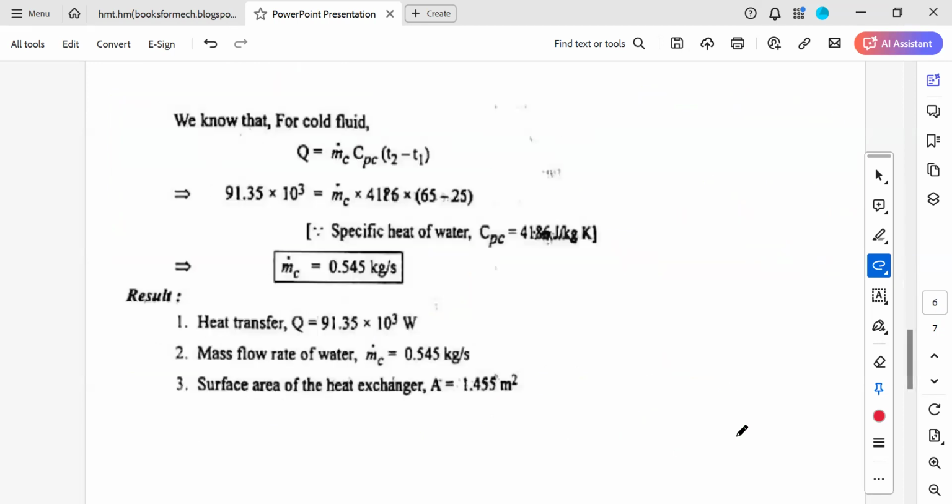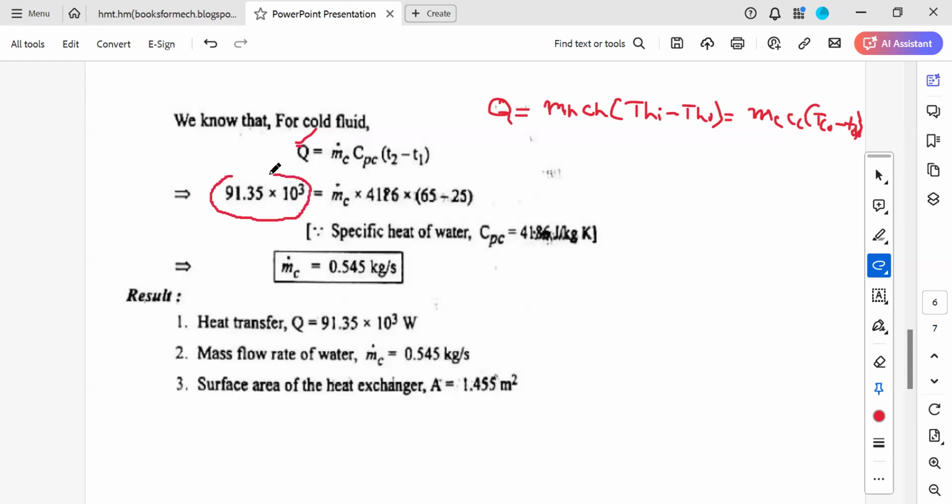The last case is the mass flow rate of the cold fluid. To find it, Q, the heat given by the hot fluid, equals MH CH times THI minus TH naught, which equals MC CC times TC naught minus TCI. Q is already calculated as 91.35 into 10 power 3, and we need to find MC.